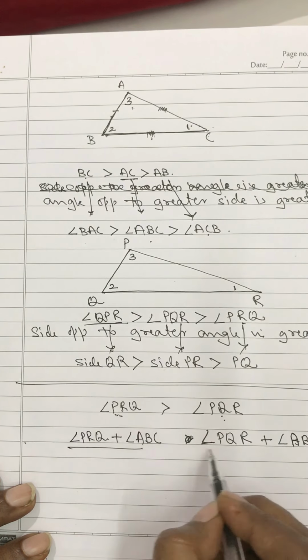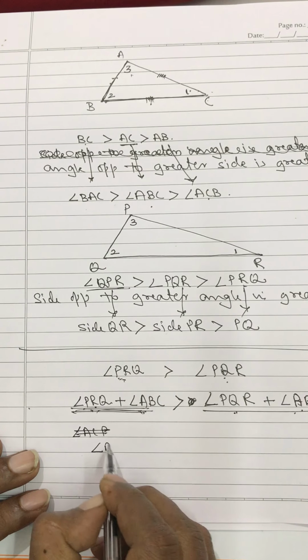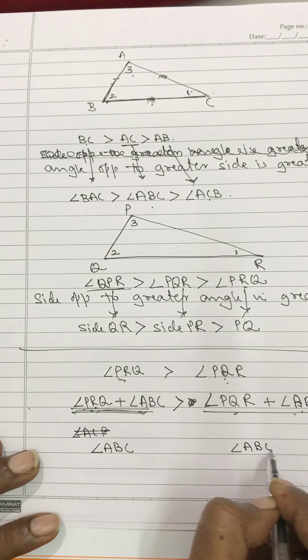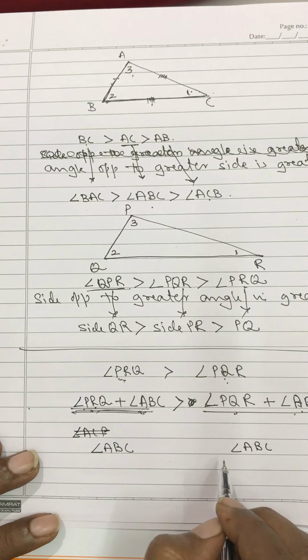Similarly, if supposing I have got angle ABC, what am I doing? Angle ABC and angle ABC over here. If I subtract angle PRQ, now see this is something different, and from here PQR. See, PRQ is greater than angle PQR. And I subtract angle PRQ from ABC and PQR from ABC.